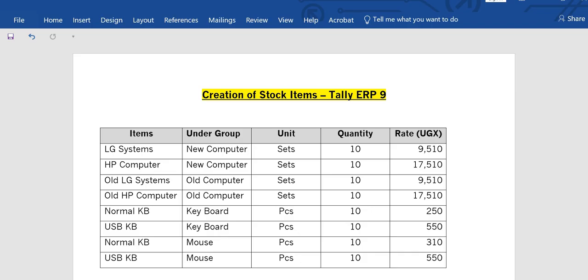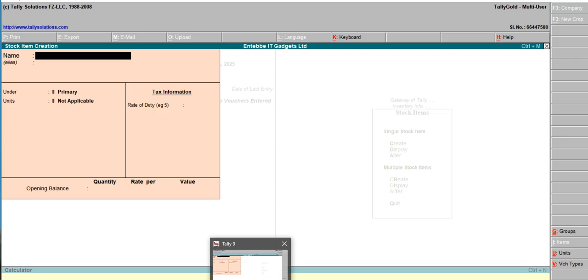We have the mouse, and they should not be having the same name.